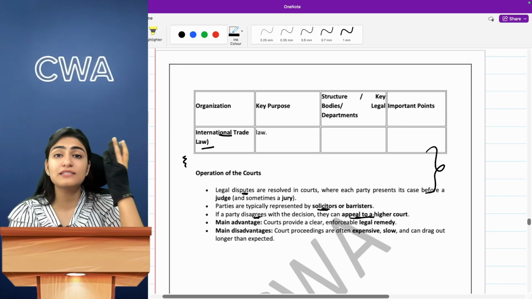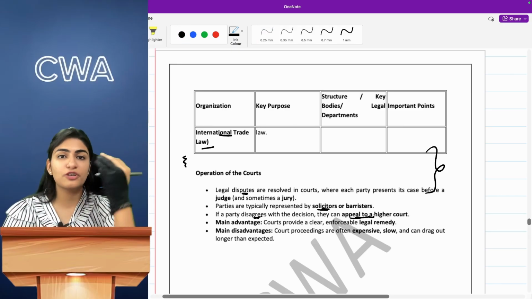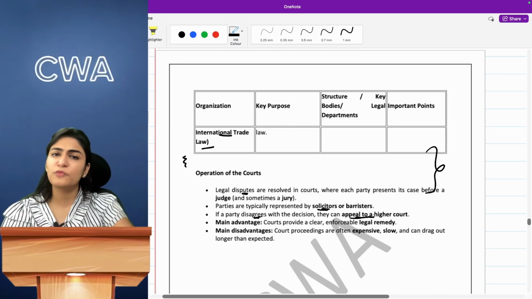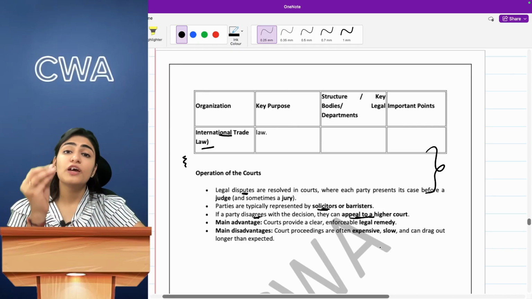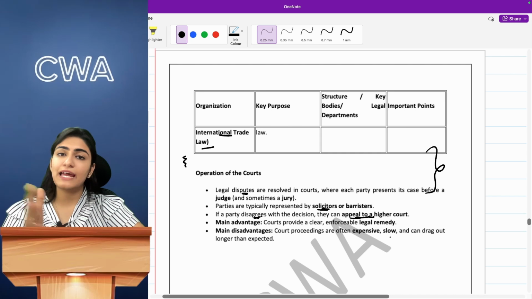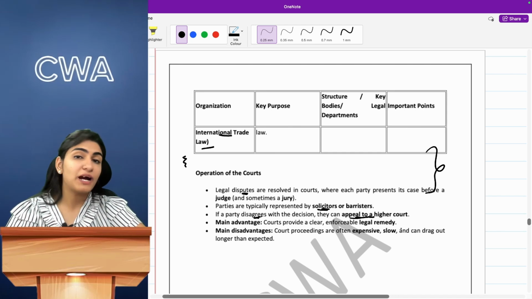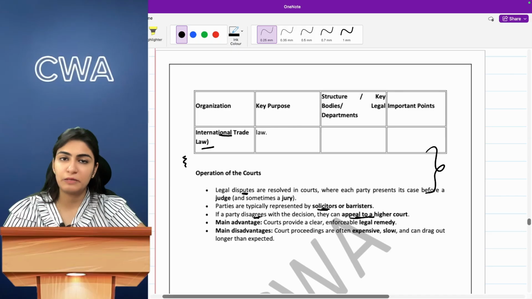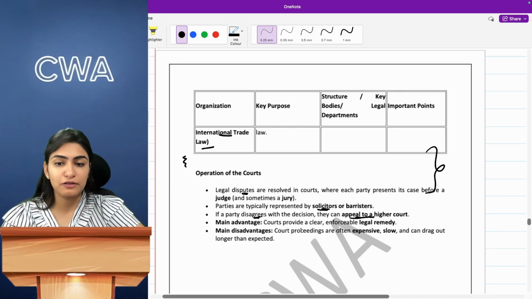We have already discussed the UK court structure, how there is the High Court, Court of Appeal, Supreme Court, and so forth. So if any verdict has been passed, and if one or both parties don't agree with the judgment, they can go up to the higher court.